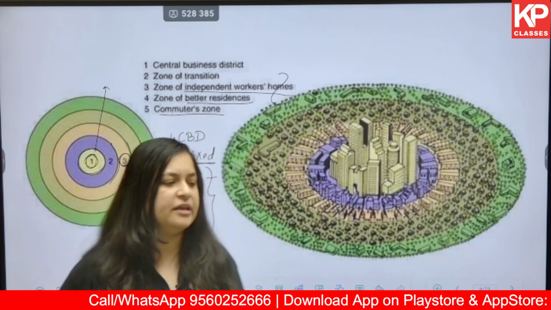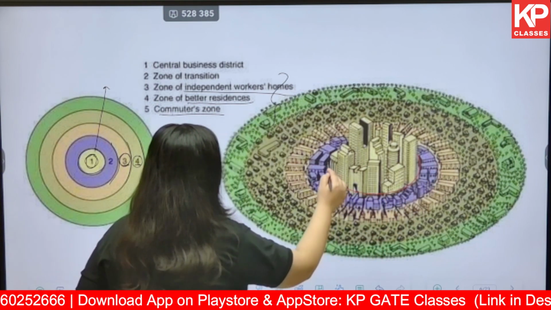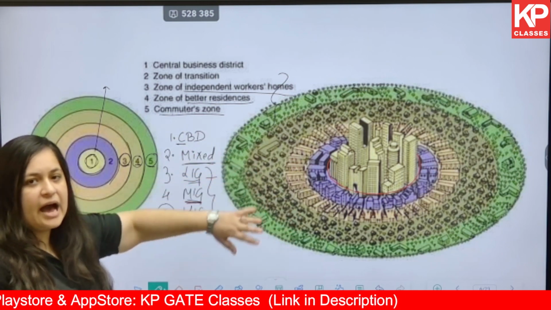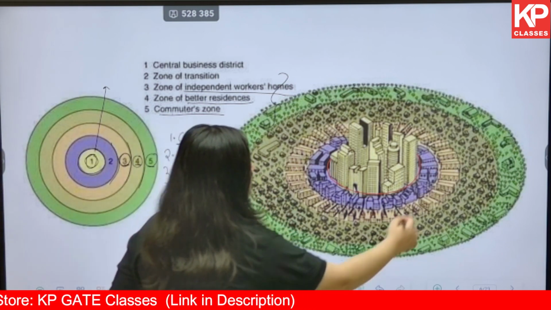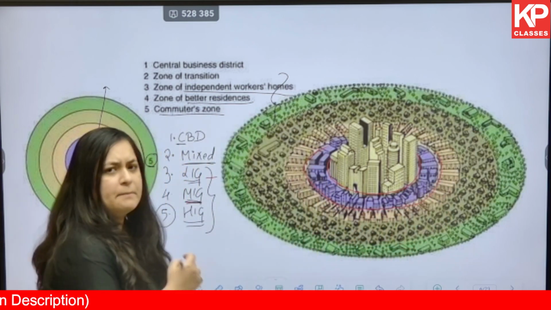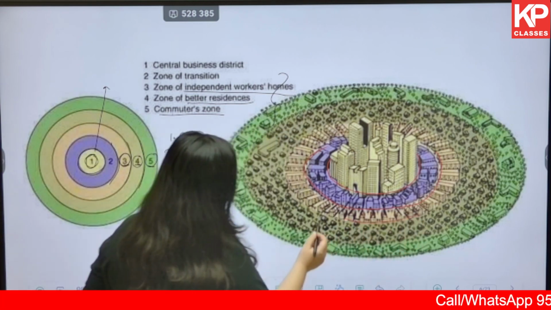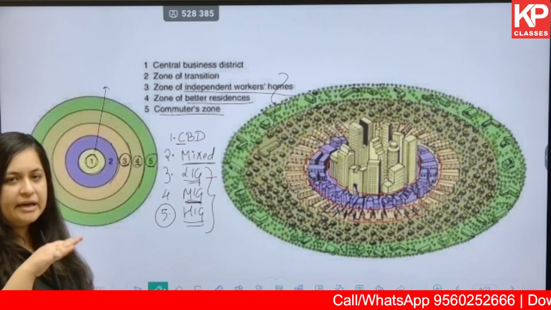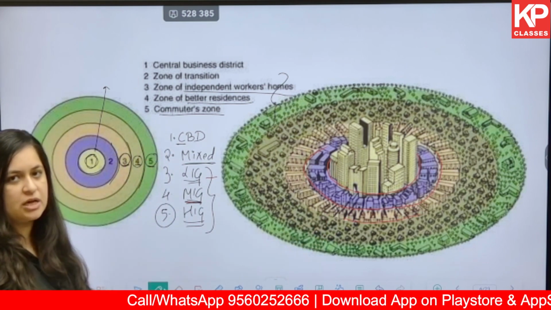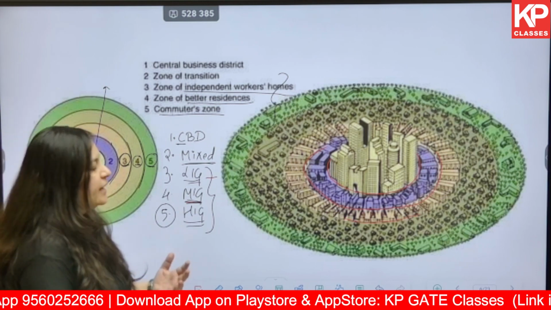Look at the 3D that is there. You have the CBD area, which here you can see is a high rise and high density area. Next is your transition area, or a mixed zone kind of an area. The next one, you have LIG housing. In this you can see a medium rise kind of a setting, but the dwelling units are very close to each other without any buffer space or any green space.